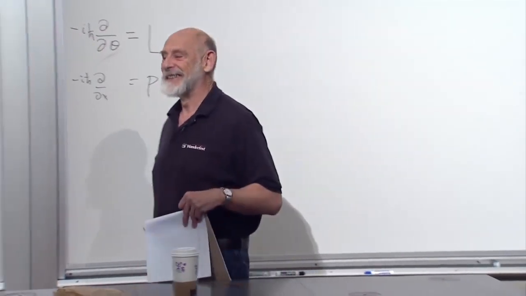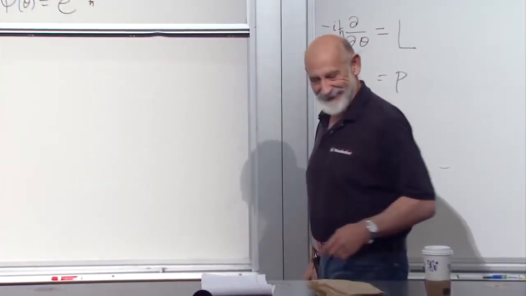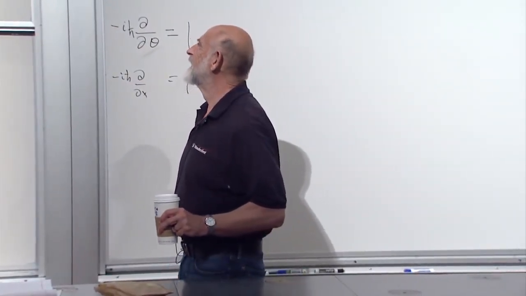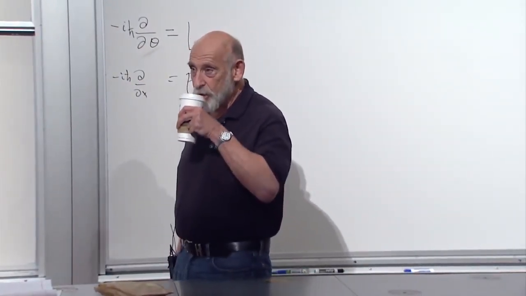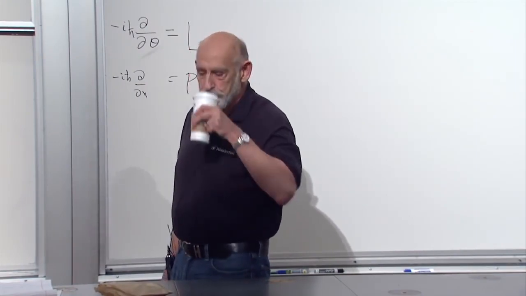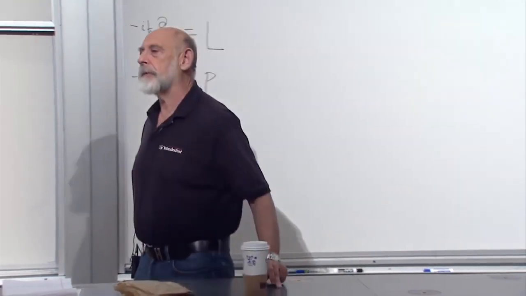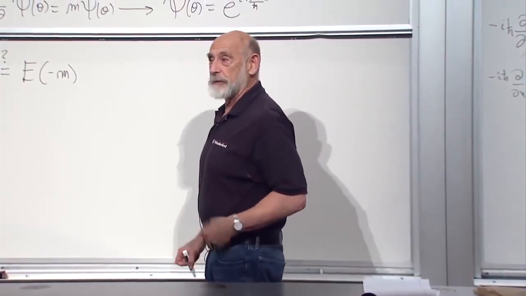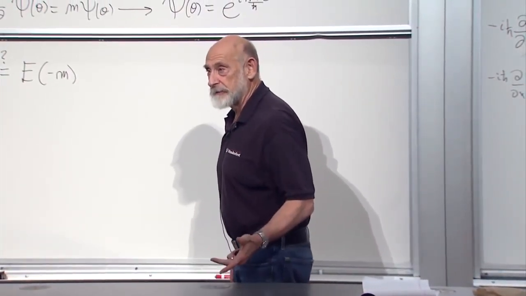Just when you start out, you said psi of theta goes to psi of theta minus epsilon. Should I think that implies we're looking at it as going in a clockwise direction? Not telling you anything about the direction of motion of the particle. It's only telling you which way you counted theta as positive.